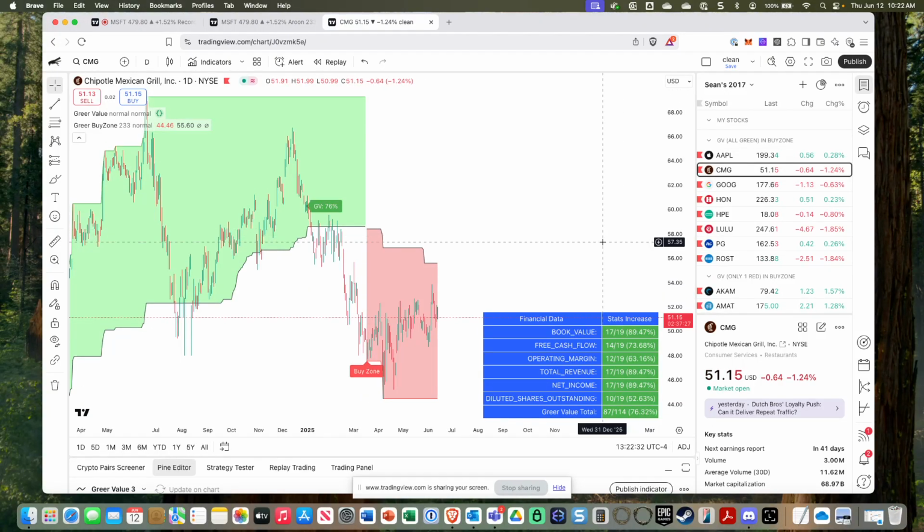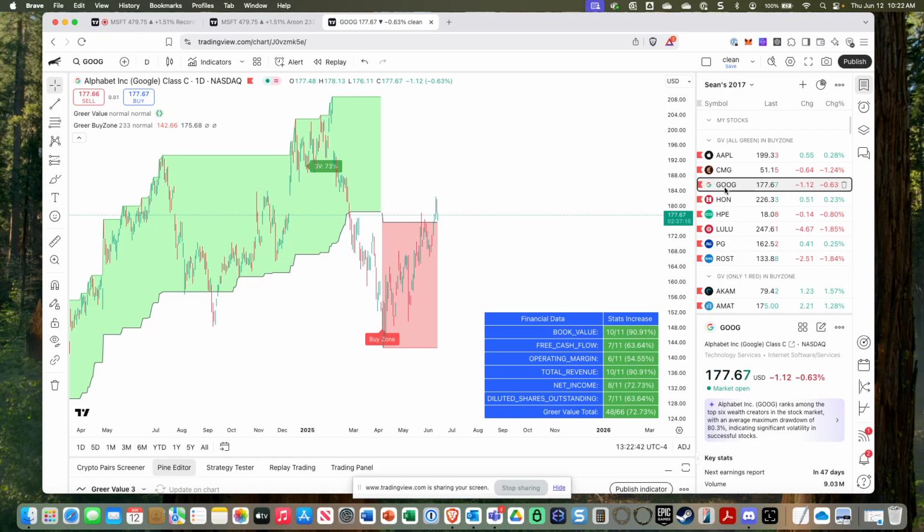Chipotle is another one, 76%. This is 19 years' worth of stats. They've been positive. It's in the buy zone. Google, this one's interesting. This is the Google Class C that got separated out. What's interesting is that in the last 11 years, they've been very, very healthy.